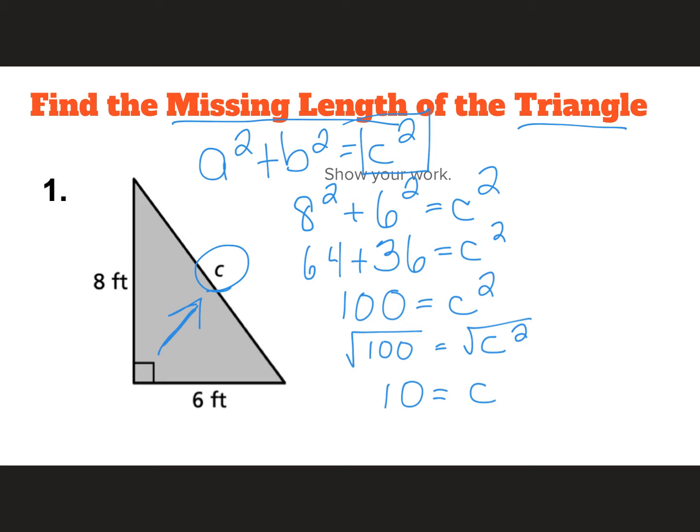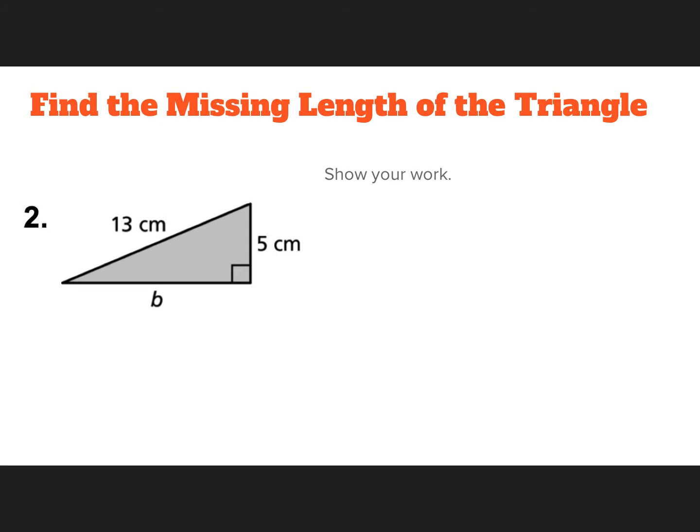Okay, let's try another one. Here, again, we're finding the missing leg, or missing length. Again, I'm going to draw an arrow so I can see that 13 is my hypotenuse. So a squared plus b squared equals c squared.